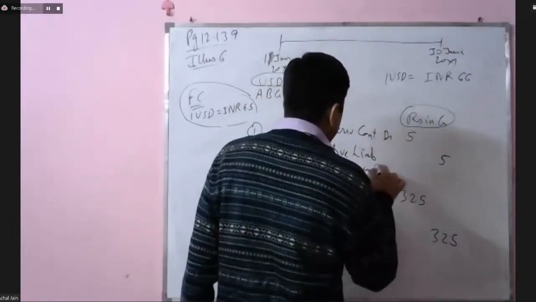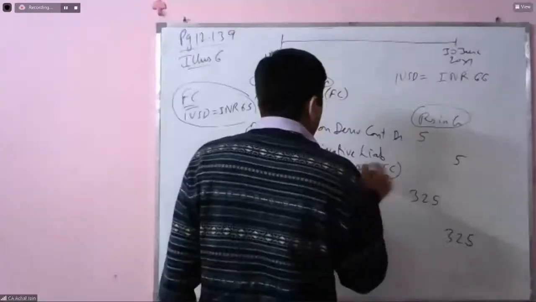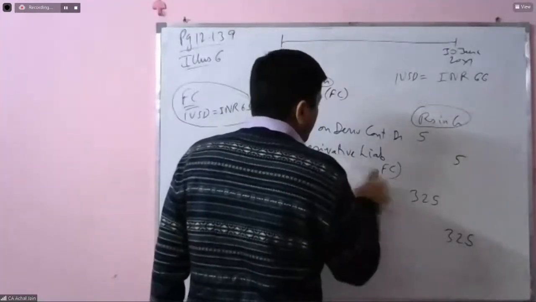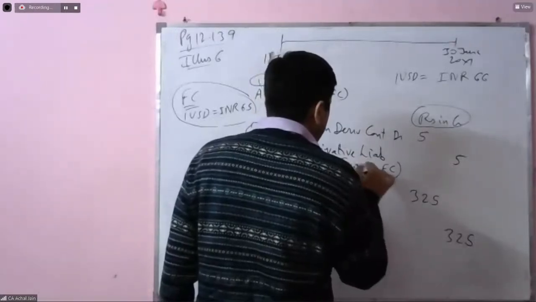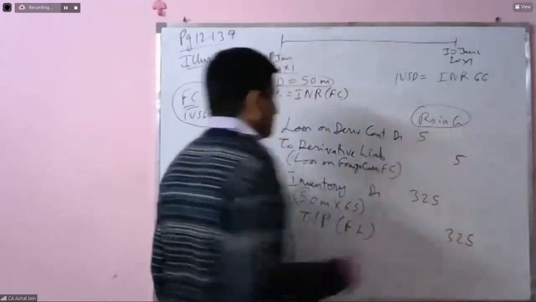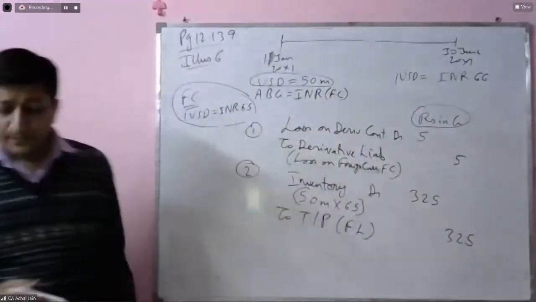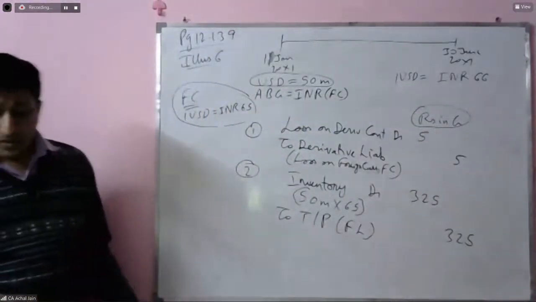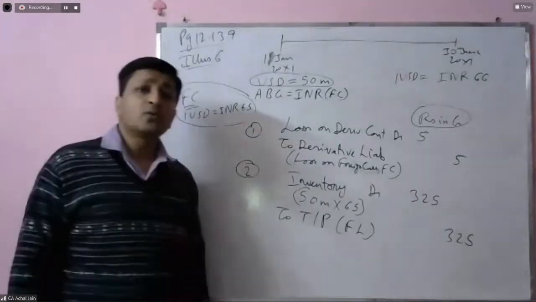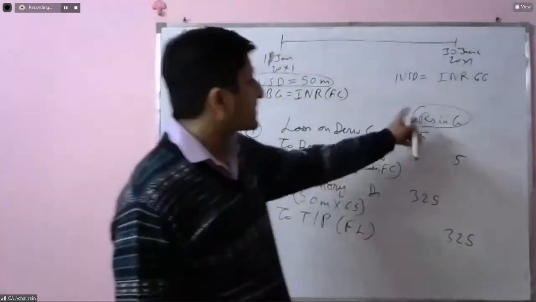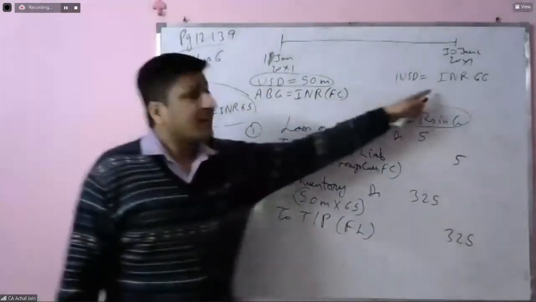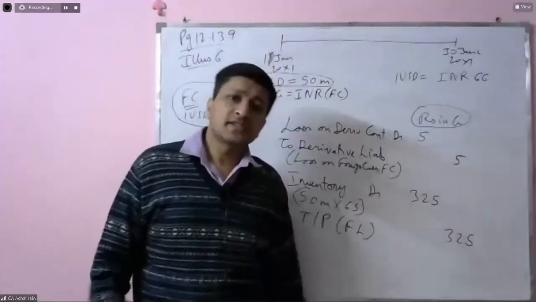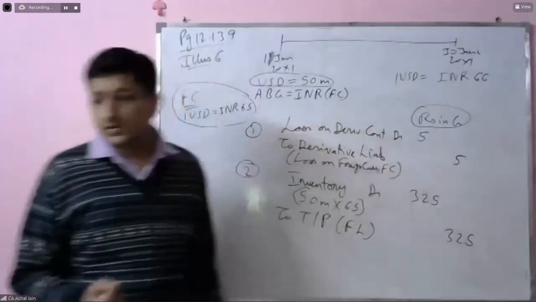Loss on foreign currency forward contract. Why was there a loss? Because he will be able to sell the USD at 65 even though the market rate is 66. So that's why there's a loss.